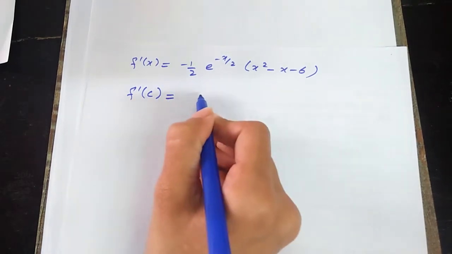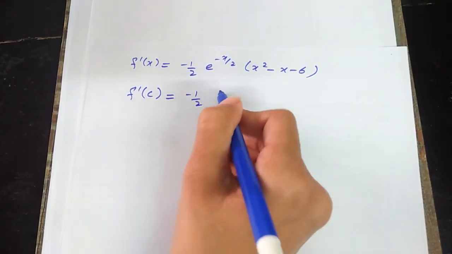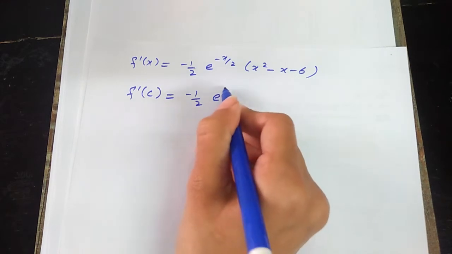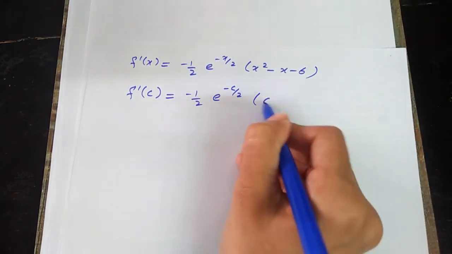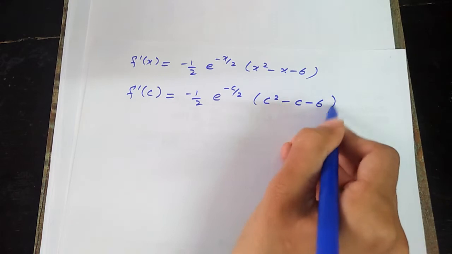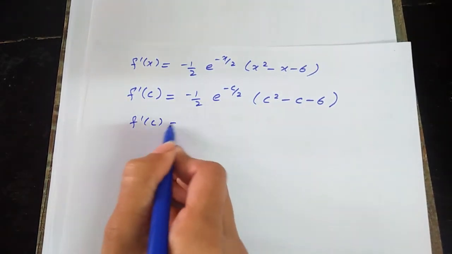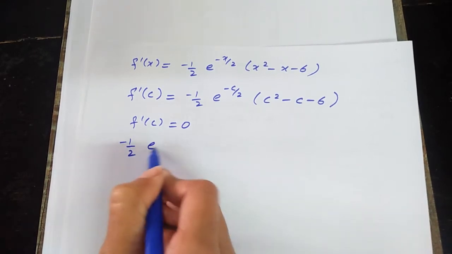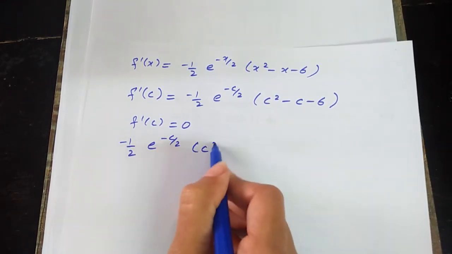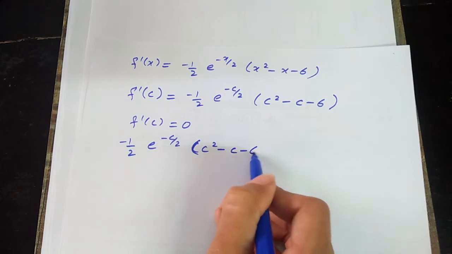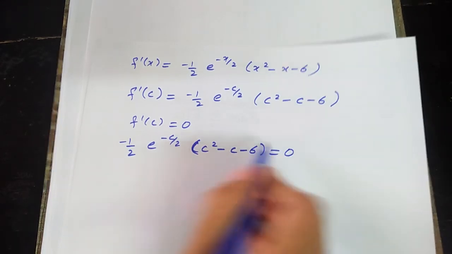We will get minus 1 by 2 e raised to power minus c by 2 into c square minus c minus 6. Now make this f dash of c equal to 0. We will get minus 1 by 2 e raised to power minus c by 2 into c square minus c minus 6 equals to 0.